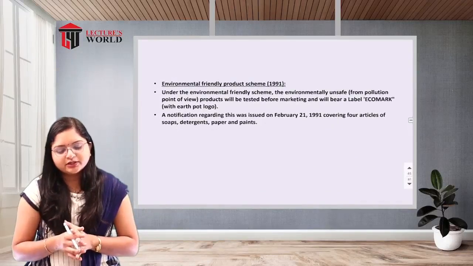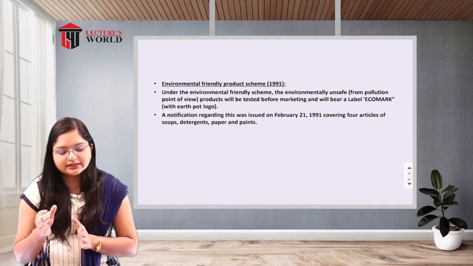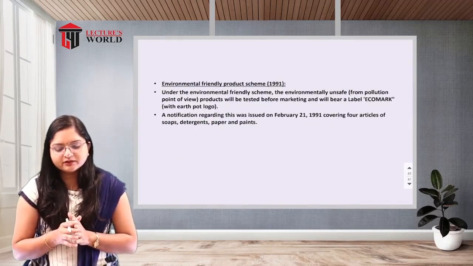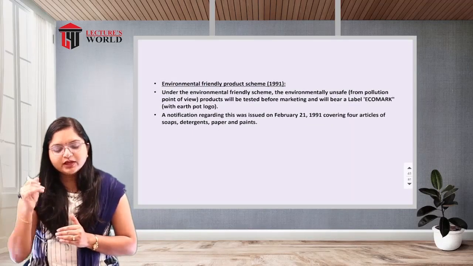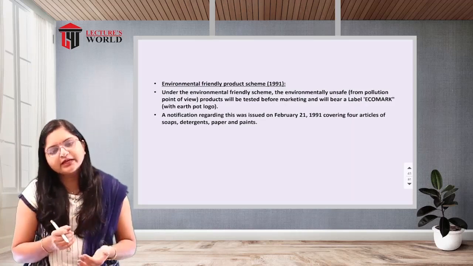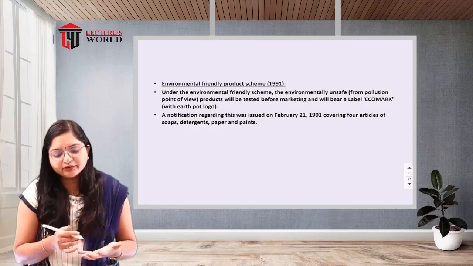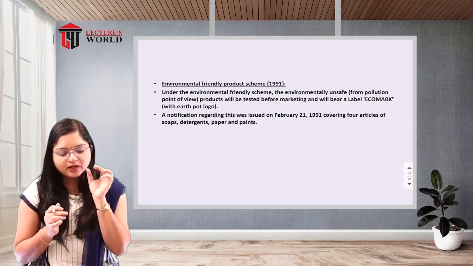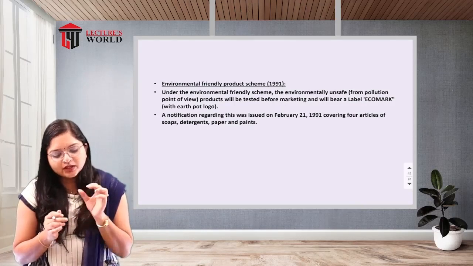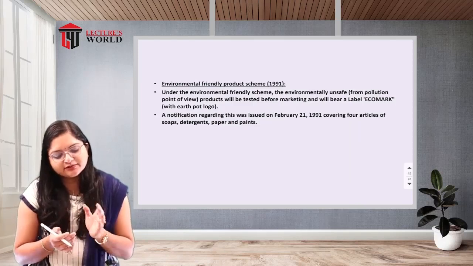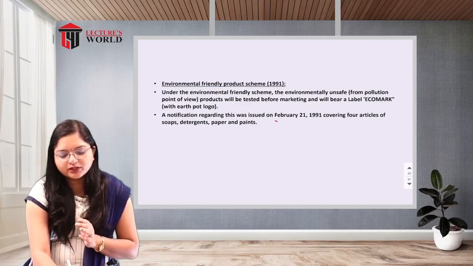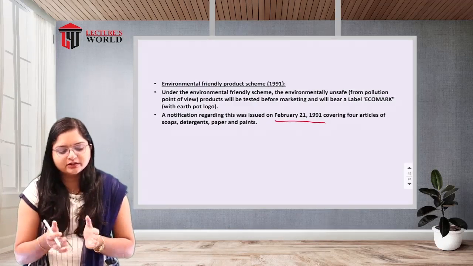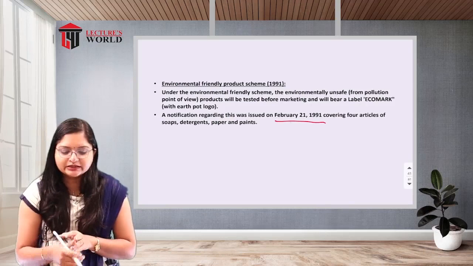Then the Environment Friendly Product Scheme, that is in 1991. Under this scheme, products that may be environmentally unsafe from the pollution point of view will be tested before marketing and will bear a label, Eco Mark, with an earthen pot logo. A notification regarding this was issued on February 21, 1991, covering four articles: soaps, detergents, paper and paints.